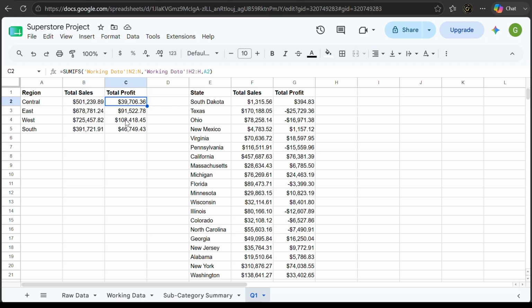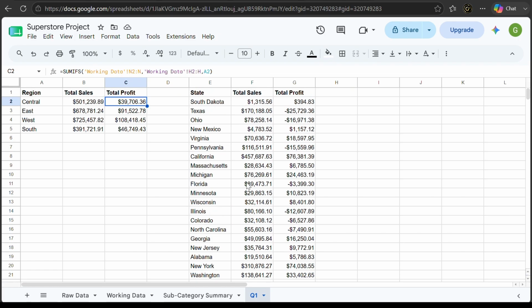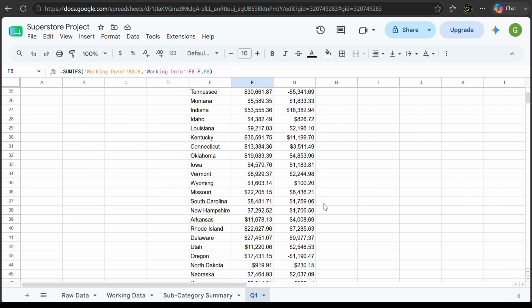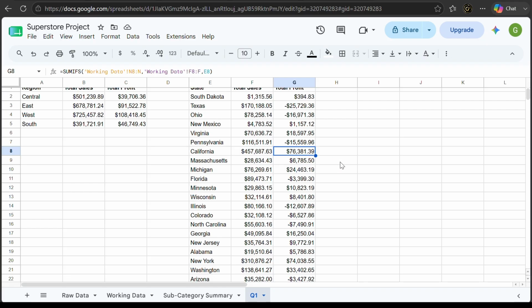Then you have the states here. The state with the highest sales was obviously California, and the state with the highest profits was also California. So we can move to question 2 now from this point here.